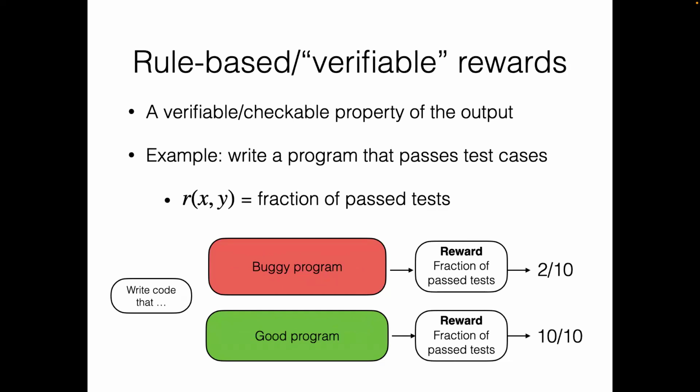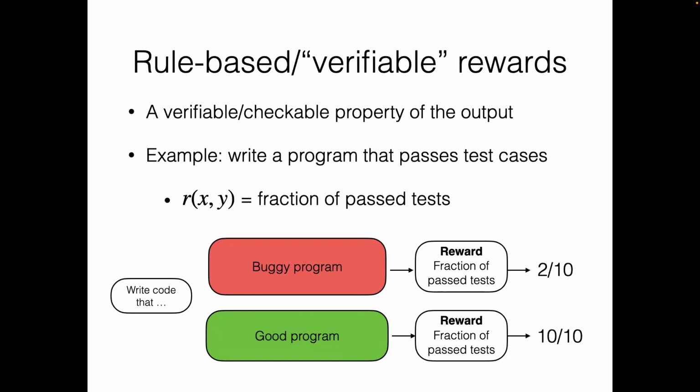And then you could do this for other cases. So here, this is just showing that it doesn't necessarily have to be a binary reward. So you could have the fraction of test cases that are passed and things like that. In this case, it's not necessarily fully reliable.